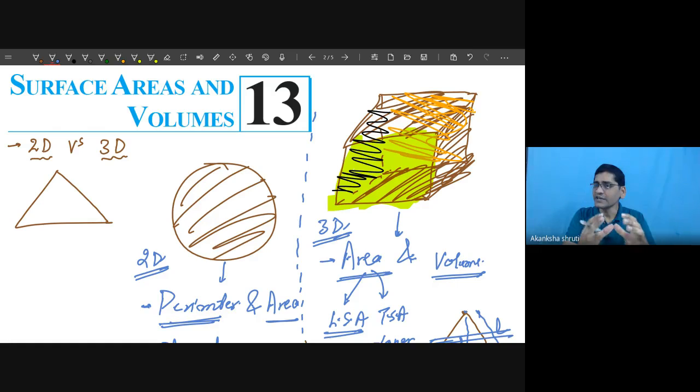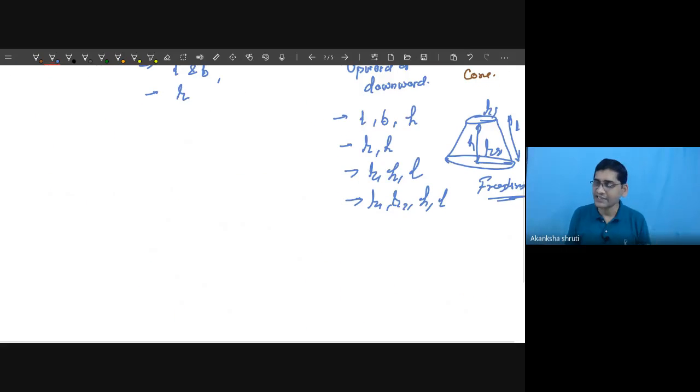In class 10th, we have to learn about connected three-dimensional objects, because in class 9th we learned about the basic three-dimensional objects. Now if 2 or 3 of these three-dimensional objects get connected, then how do we calculate?